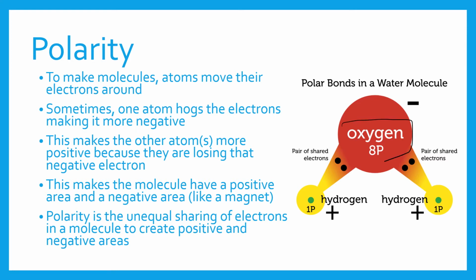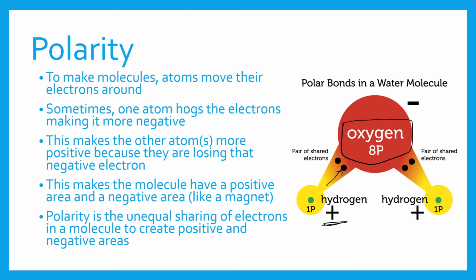Oxygen is what we call very electronegative. It likes to hold on to all of those electrons, and it becomes more negative because electrons, remember, have that negative charge. Now the hydrogen is losing its electron a little bit. It's getting pulled further and further away from it, so it's becoming a little bit more positive.